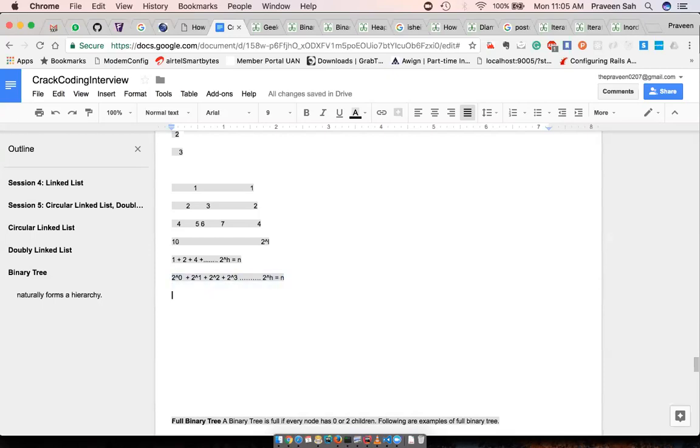The sum of powers of 2. It's a geometric series, so the sum is r to the power n minus 1 over r minus 1, which gives 2 raised to n minus 1.